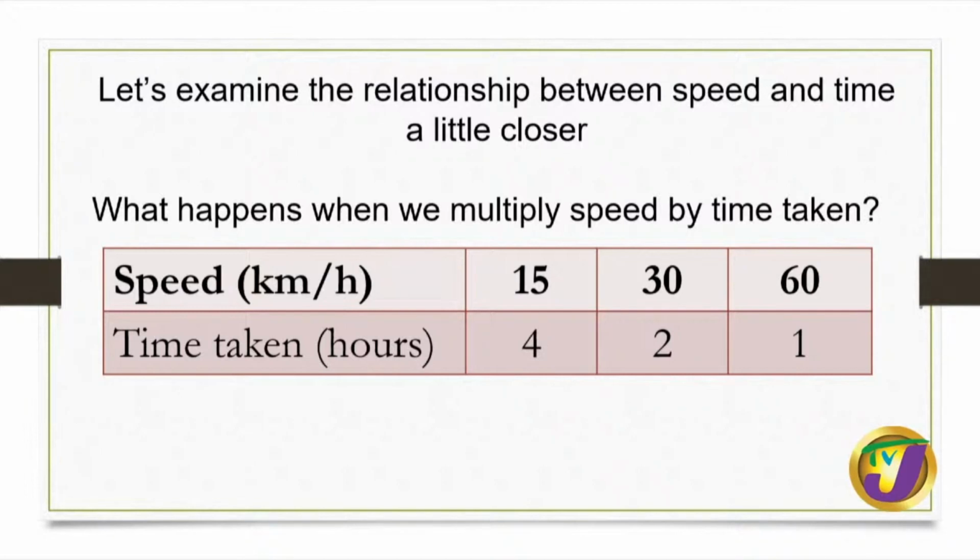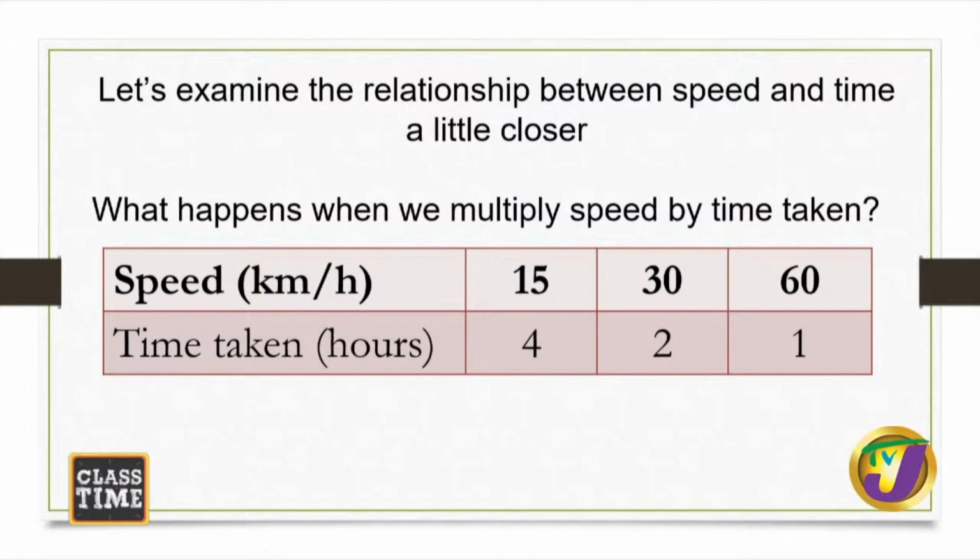So we found something very interesting. Our variables, speed and time, we can call them x and y, are going in almost opposite directions. But we're also noticing that when we multiply them, we're getting the same value.